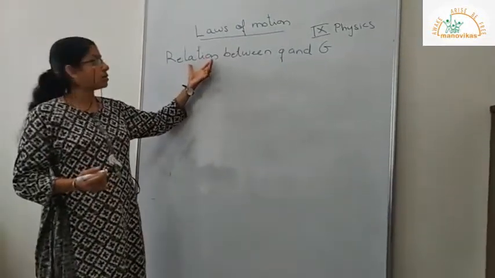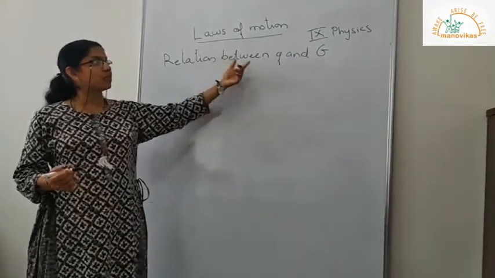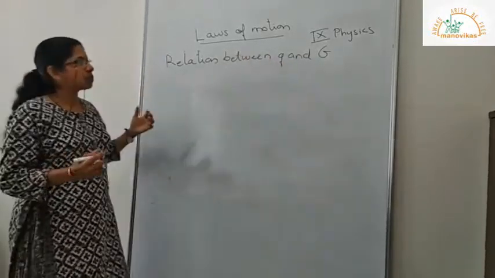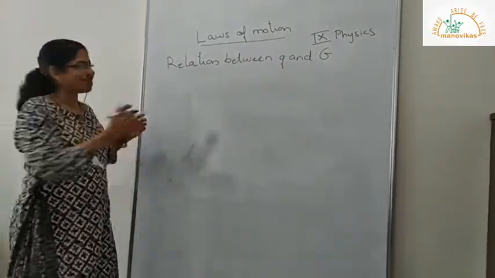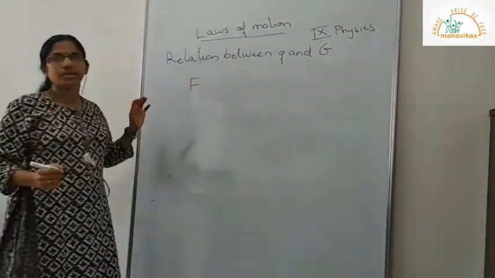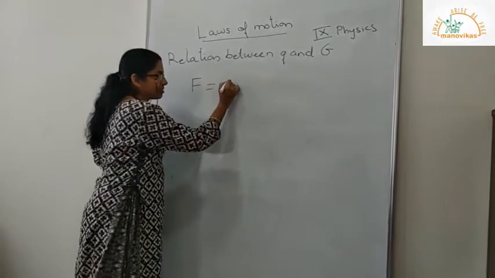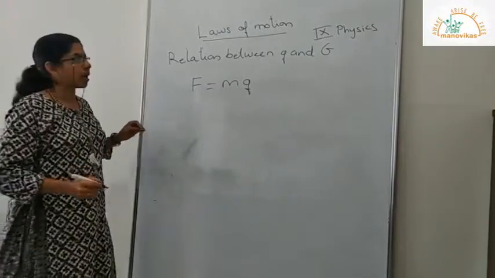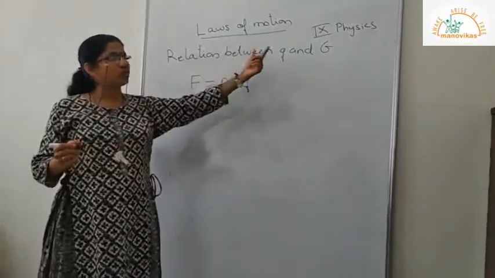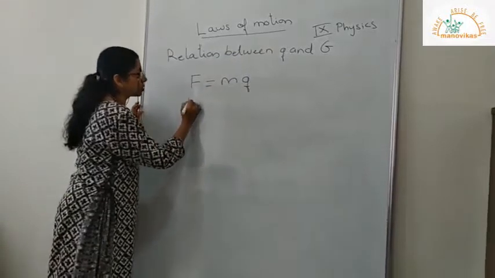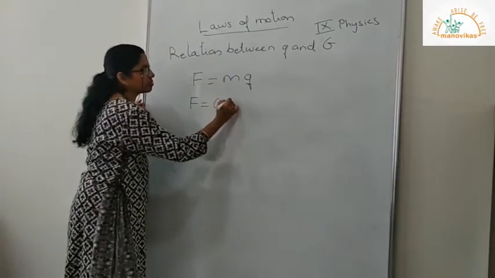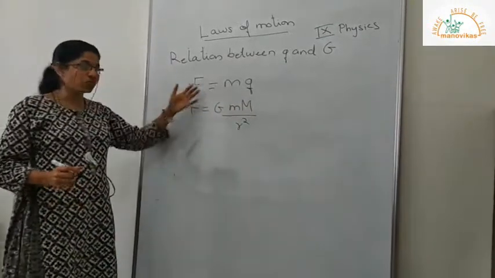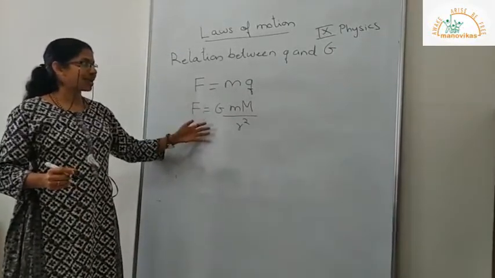Okay, now we come to the relationship between small g, the acceleration due to gravity, and capital G. You know that the force acting on an object is the product of mass and acceleration due to gravity, that is mg. And F is also given by G times M m upon r squared.